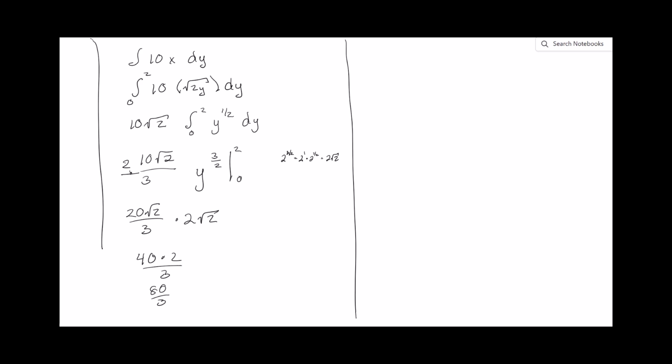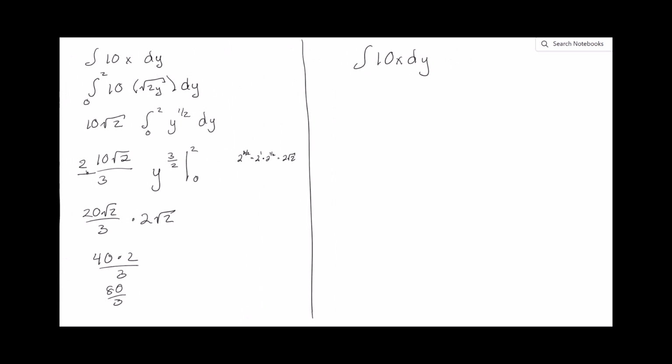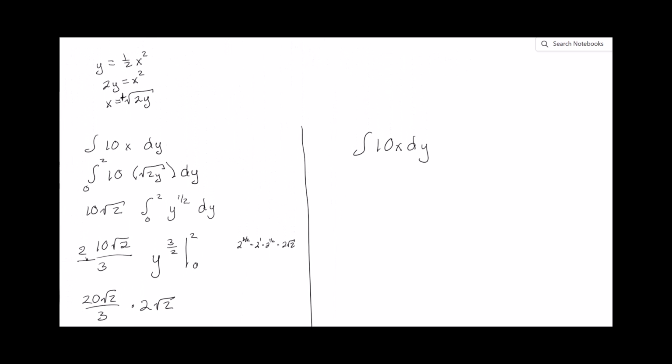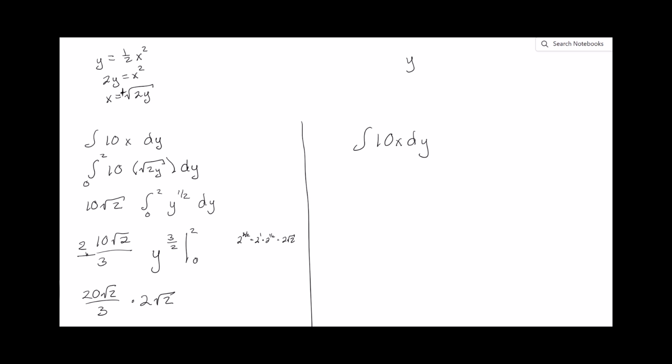All right, so again, we have this 10x dy. Now, instead of changing the x, we could change the dy. So since we have that y is equal to 1/2 x squared, this is weird sounding, but I'm just going to say take the derivative of both sides.